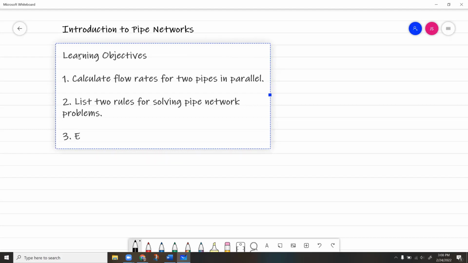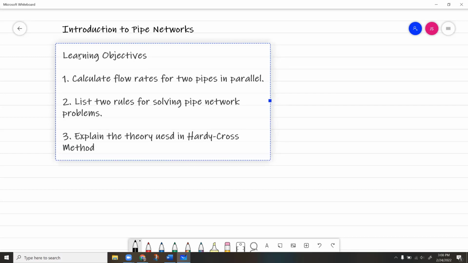And we're going to set up and explain the theory used in what's called the Hardy-Cross method for pipe network flow problems.